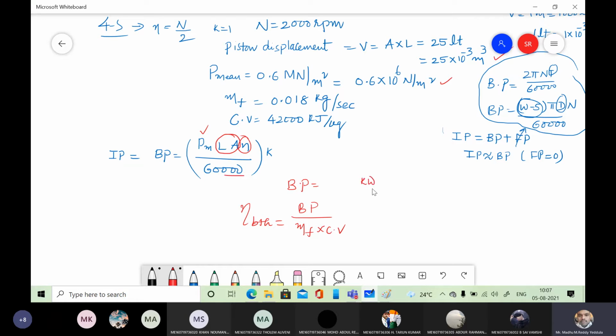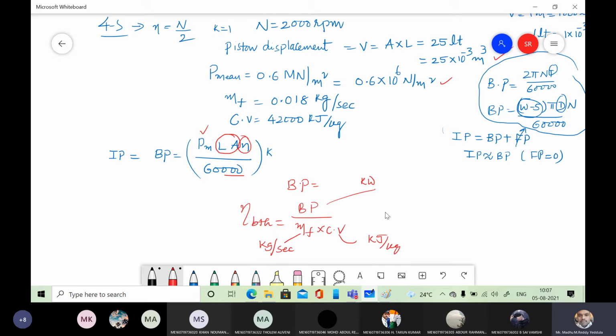Anyhow, you will get brake power in kilowatt, and the calorific value is in kilojoules per kg. Then mass of fuel should be in kg per second. Then you need not multiply with any conversion factor. If it is in kg per hour, then you should multiply with 3600.